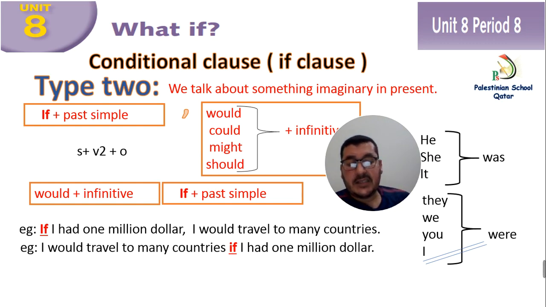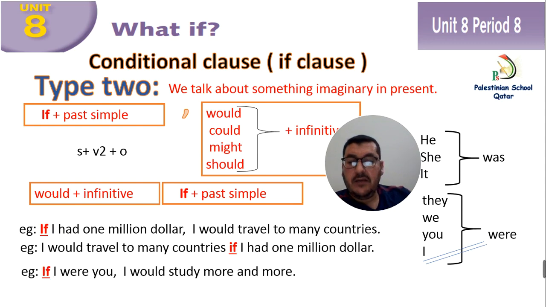And be careful, as I said before, when I have I with was, I have to change it to were in type 2. So I can say, if I were you, I would study more and more, but I'm not you. So I change was to were because it's unreal. If I were a king, I would for example give everybody what he has.